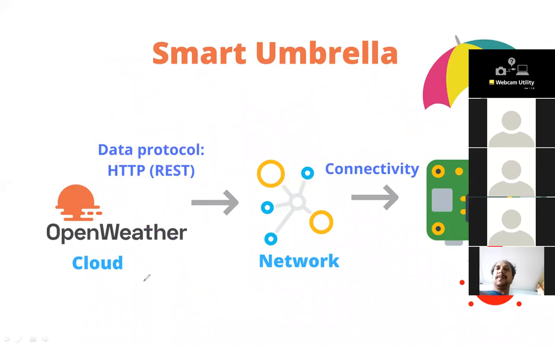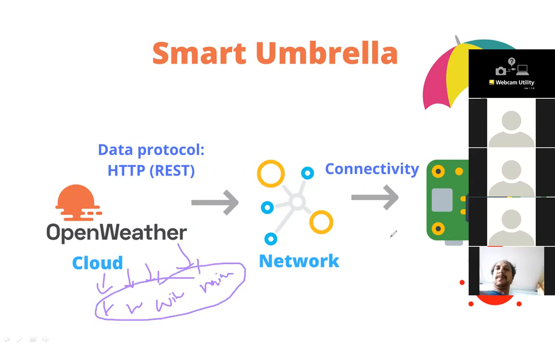Now our goal is, we want to access data. It provides temperature, humidity, wind speed, rain, and many other parameters. For our case, for simplicity, we want to design here a smart umbrella whose color changes based on temperature.